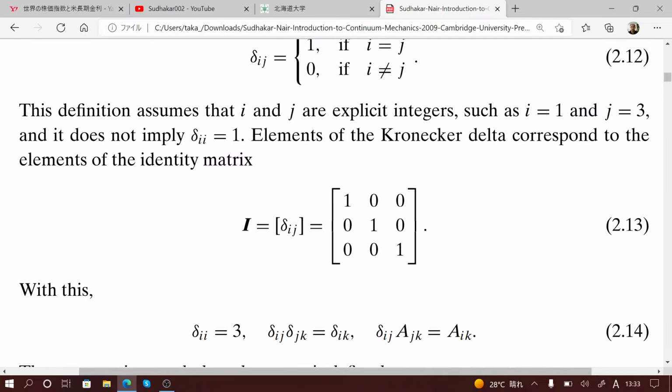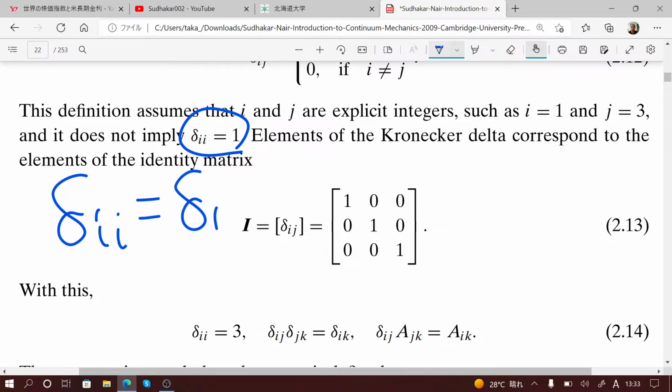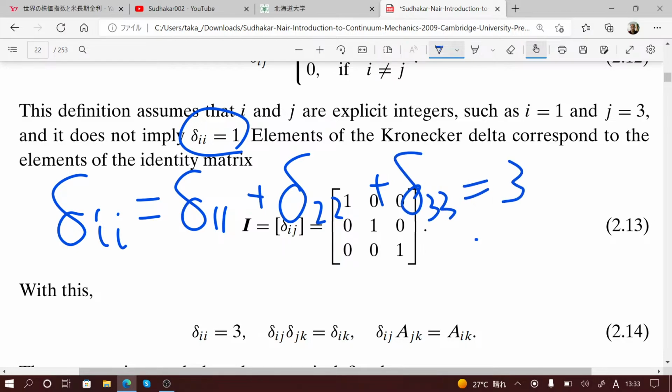I think you already know about this one. Delta ii actually means delta 11 plus delta 22 plus delta 33. So this means 3.